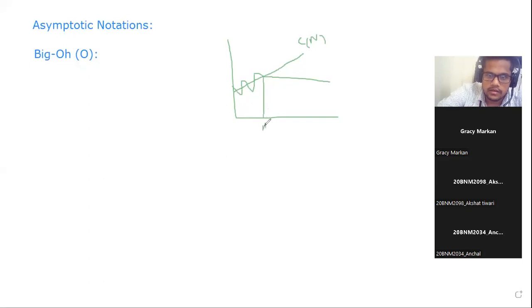This is my k, or we can define it with any symbol, and this is my n. If one condition is understood, you can understand each and every point. It is not always that this line goes downwards. It may go in this direction also.